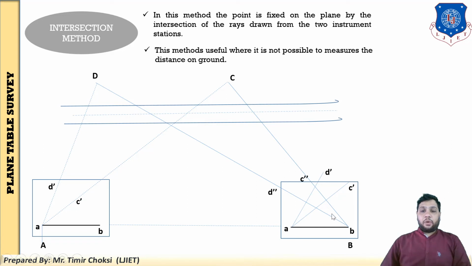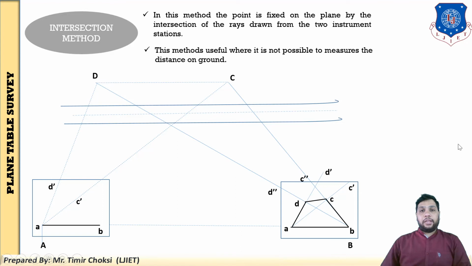The intersection points of the C dash and C double dash lines, and the D dash and D double dash lines, will be the points C and D. Clearly seen here, the intersection point of the D lines will be small d. Similarly, the intersection of the lines C dash and C double dash will be the point C. So you plot the points C and D using two instrument stations. It is called the intersection method.